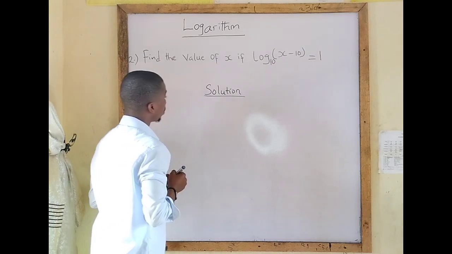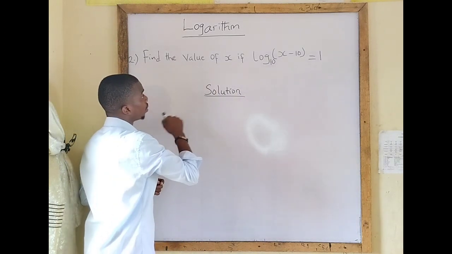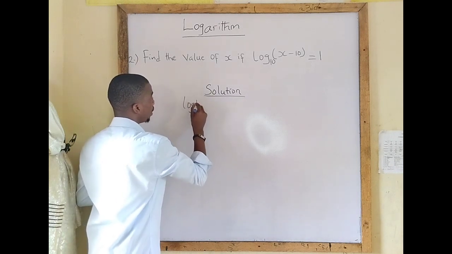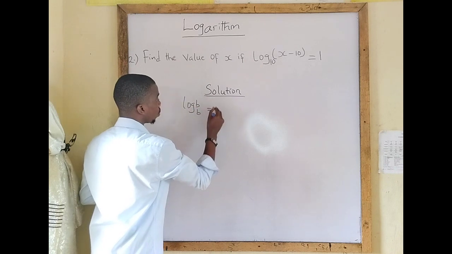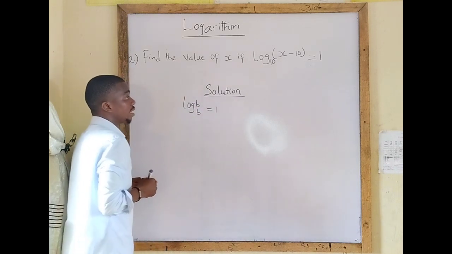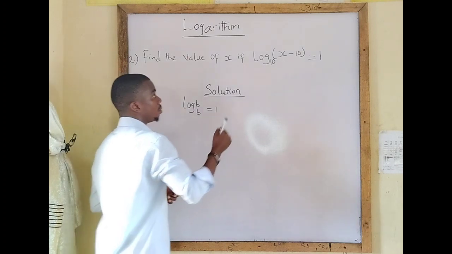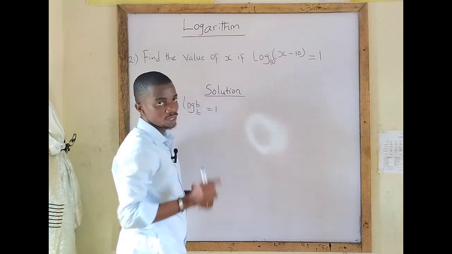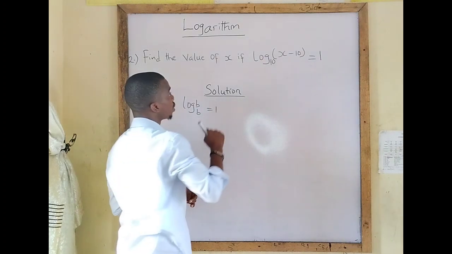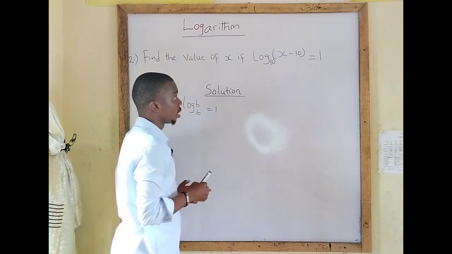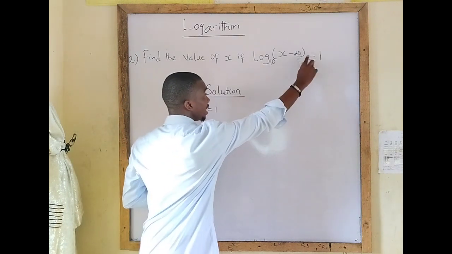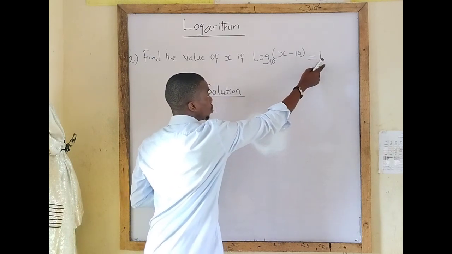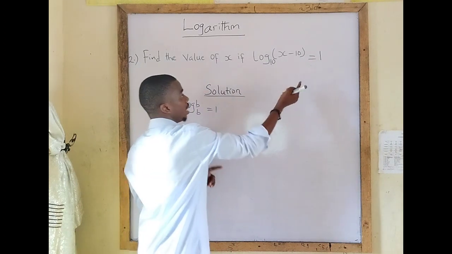But remember from our rule of logarithm that log b base b is equal to 1. That is, 1 is the product of a log to its own base. So whenever it appears like this, you take a step backward.